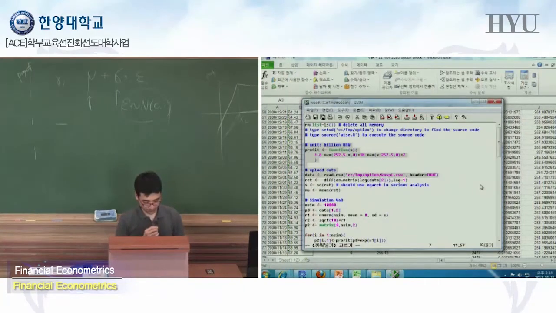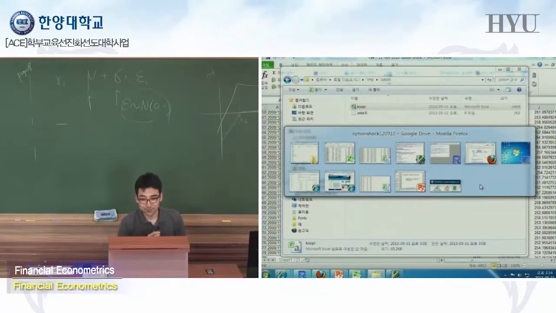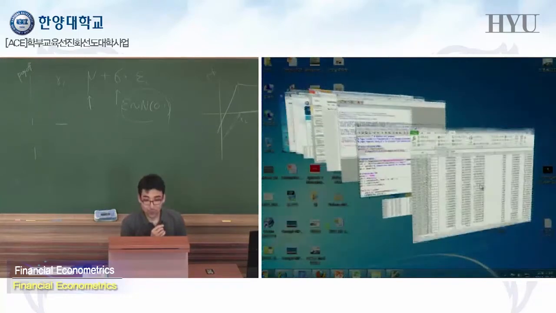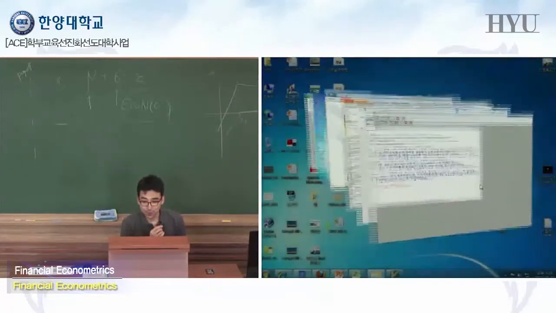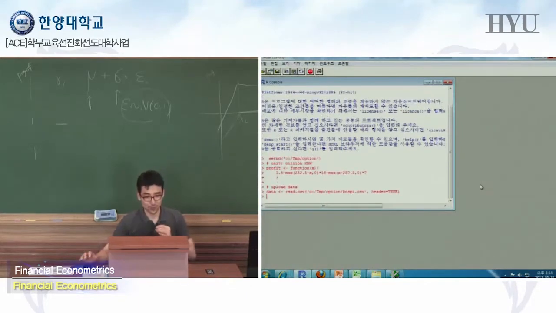Where is R? Right. Okay, so I run my own defined function, and I uploaded data.